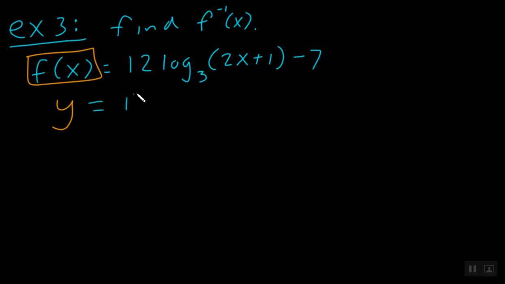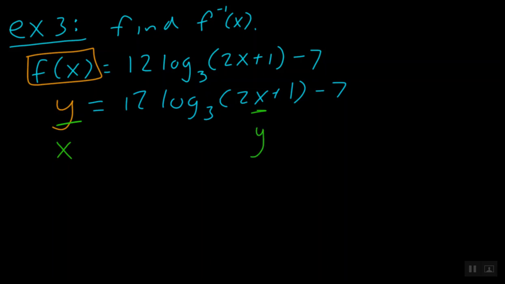We'll say y is equal to 12 log base 3 of 2x plus 1 minus 7. Now here, we know our big idea is to take our y and our x when taking the inverse, and we switch x and y. We'll say x is equal to 12 log base 3 of 2y plus 1 minus 7.